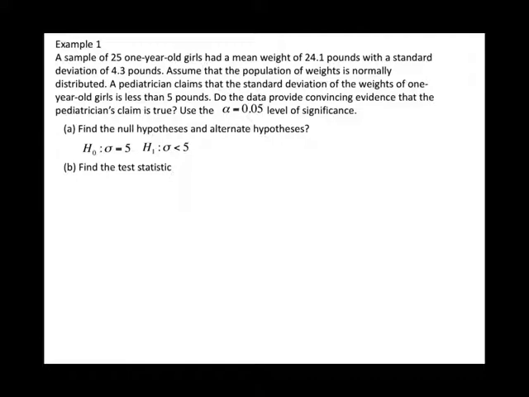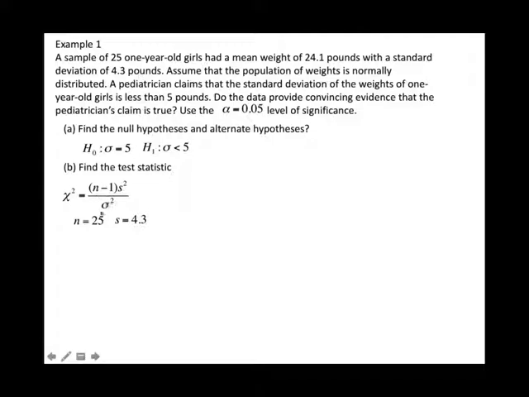Step 2, find the test statistic. I'm going to plug into this formula. What is my n here? What is my sample size? It says a sample of 25, so n is equal to 25. And what is the s? It's a standard deviation of 4.3 pounds, so s is equal to 4.3.